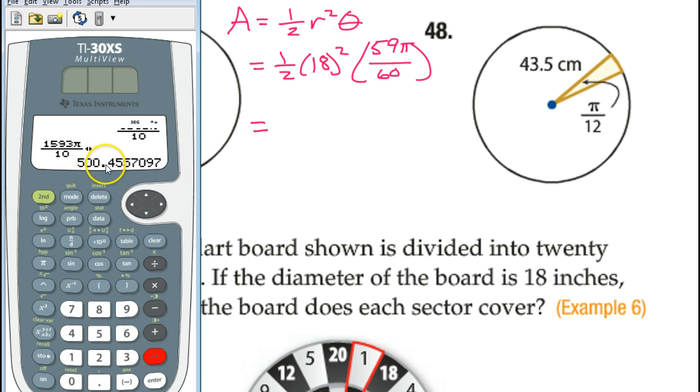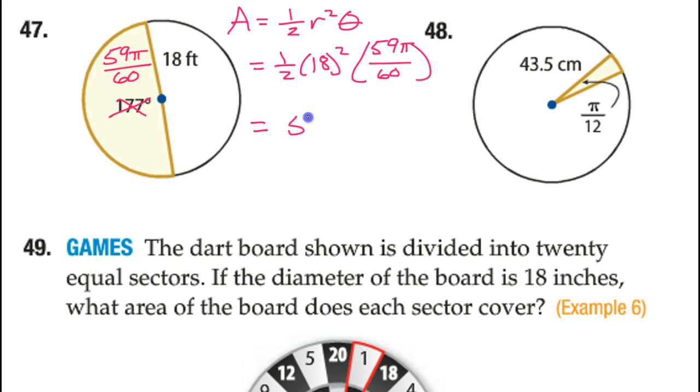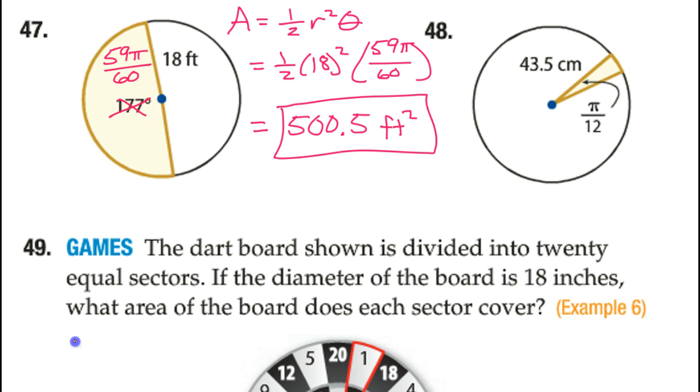Okay, so 500.5. You've got to notice how you have to round that up because I've got a 5 over here. So 500.5 square feet. All right, that's answer number 47.